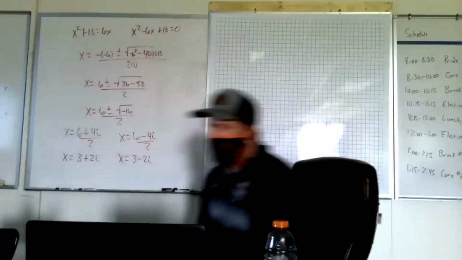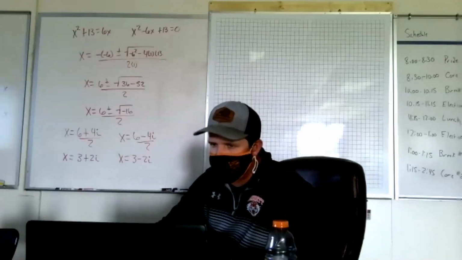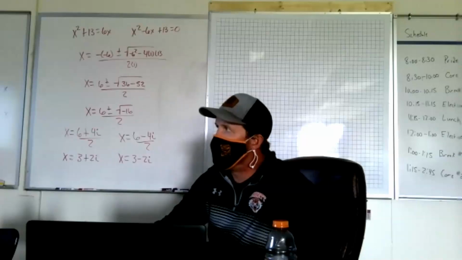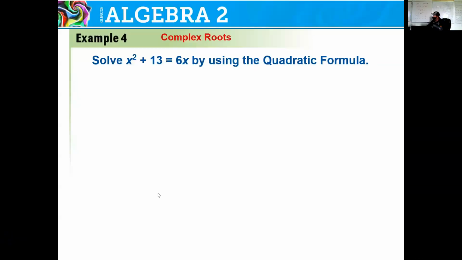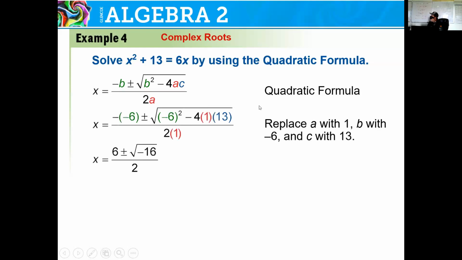So you can see it's the same process, just using different roots. These are what's known as complex roots. So this equation or parabola would never touch the x-axis. It only has complex roots. So we plug it in: 6 plus or minus the square root of a negative 16 divided by 2.